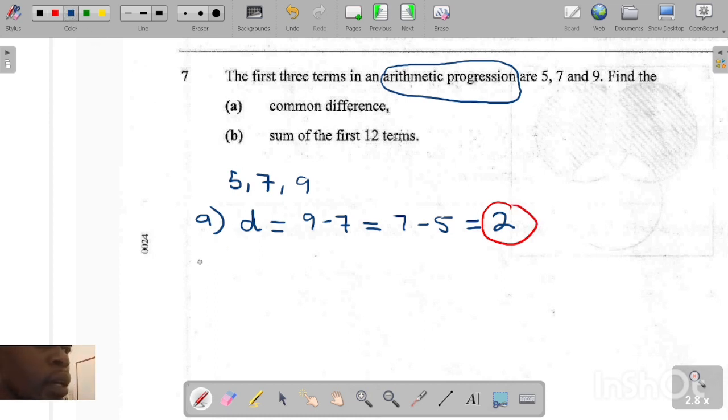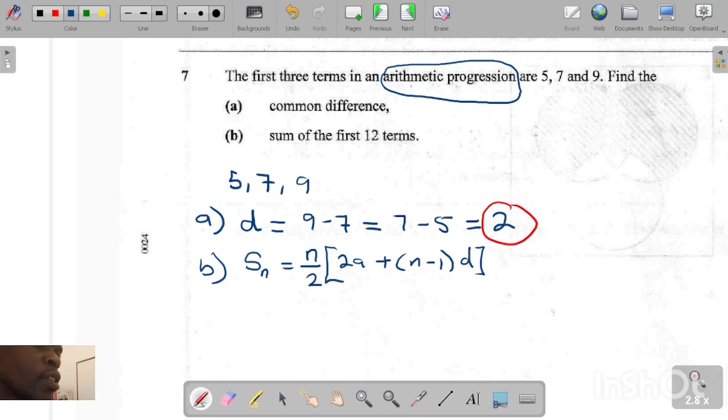Then B, they want you to find the sum of the first 12 terms. First of all, the formula for finding the sum of an arithmetic progression is Sn equals n over 2 times 2a plus n minus 1 times the common difference.